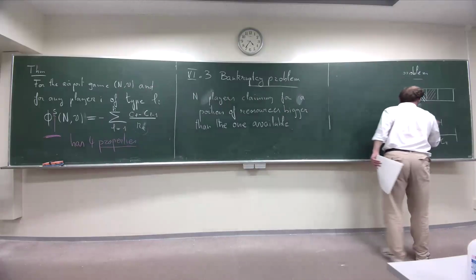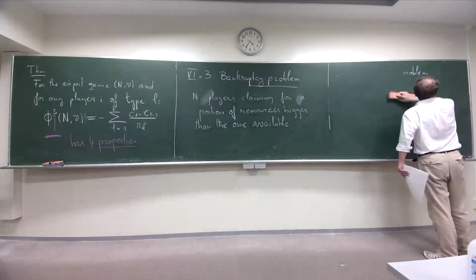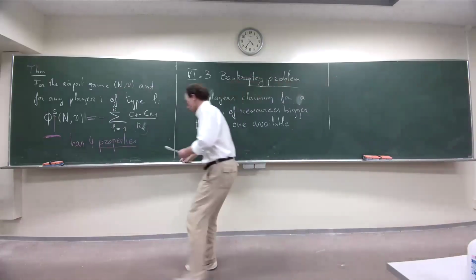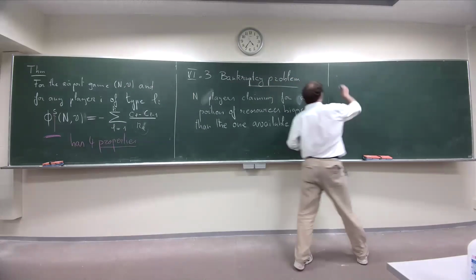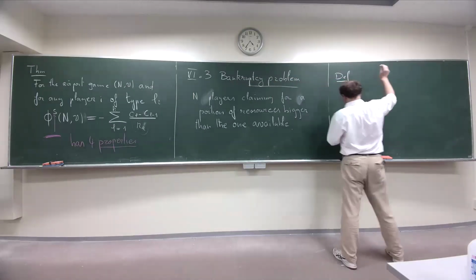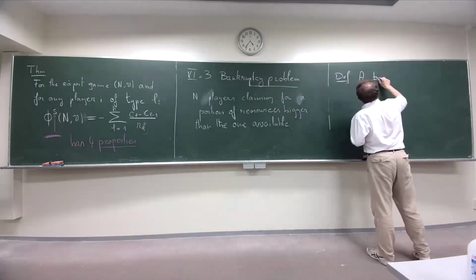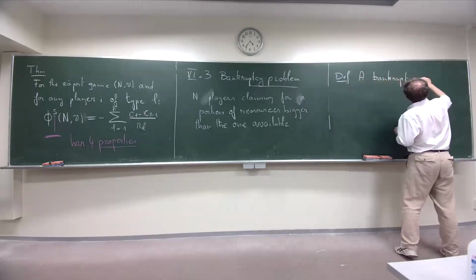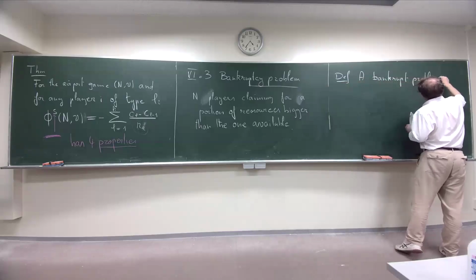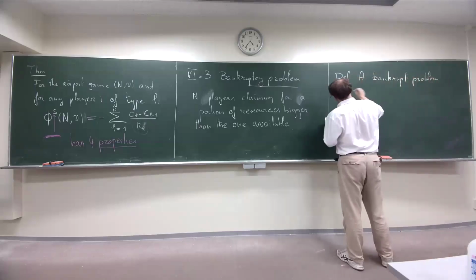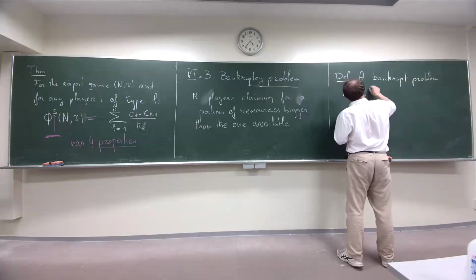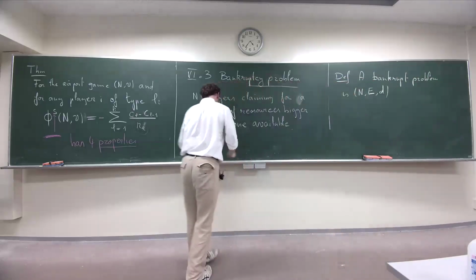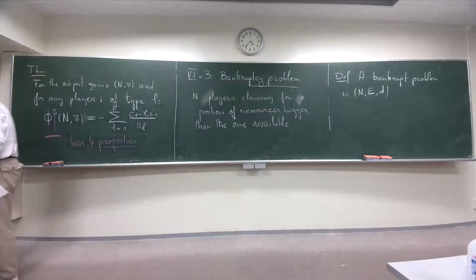It's when the resource is not sufficient according to all claims. So, definition. The bankruptcy problem is a triple (N, E, d). Be careful, this E has nothing to do with the E I mentioned before.